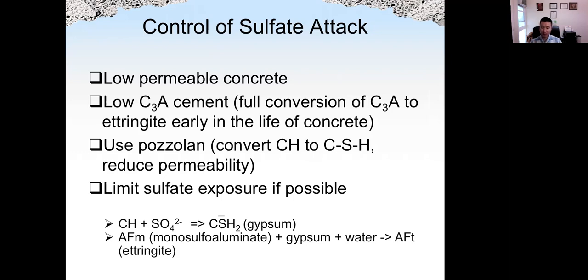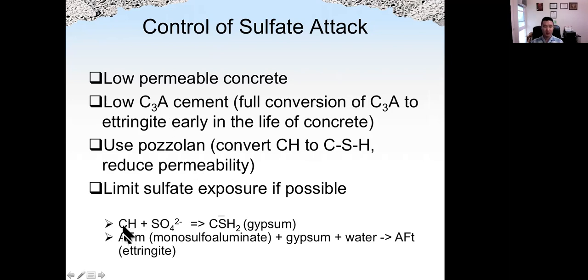But that may not be very effective for certain types of sulfate attack. For example, if the sulfate is in the form of magnesium sulfate, then CSH can be affected, and using low C3A cement will not be very effective. We can also use pozzolans such as slag, fly ash and silica fume, that convert calcium hydroxide into CSH.